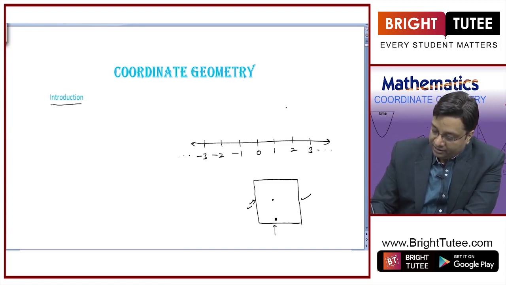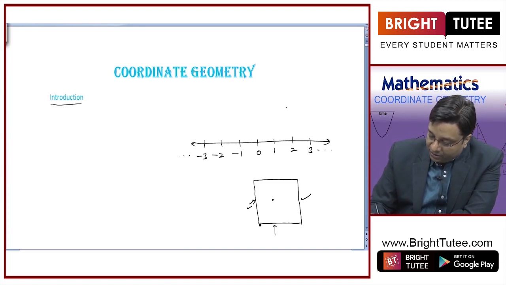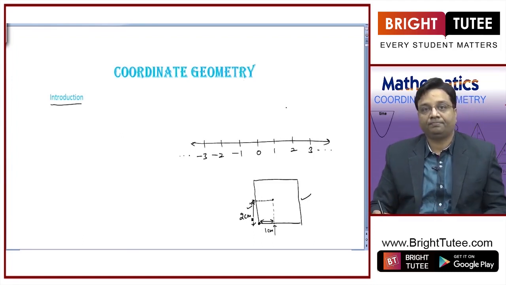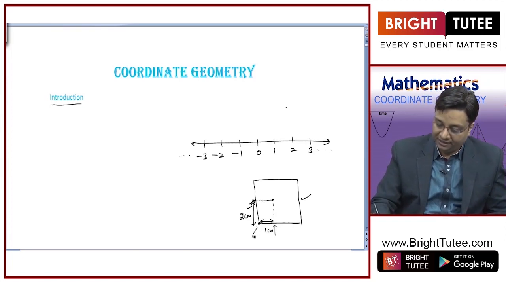Now the way to find it is, let us say this is a corner and you know what is this distance. Let us say this distance is 1 centimeter, and this is 2 centimeter, right? And this is the left bottom corner, let us say.